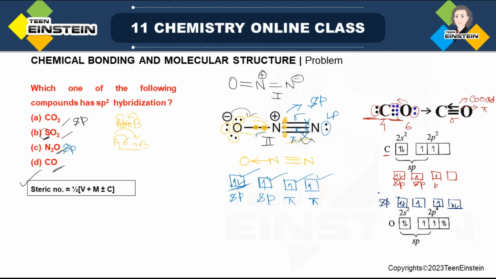Now when it comes to carbon, this is actually non-bonding. You can compare it with this one. Then this sp and this sp of oxygen, these two together form a sigma bond. So you know there is a sigma bond present between carbon and oxygen. Next, this is an unhybridized p of carbon, and this is also an unhybridized p of carbon. That means these two will be responsible for pi bond formation.